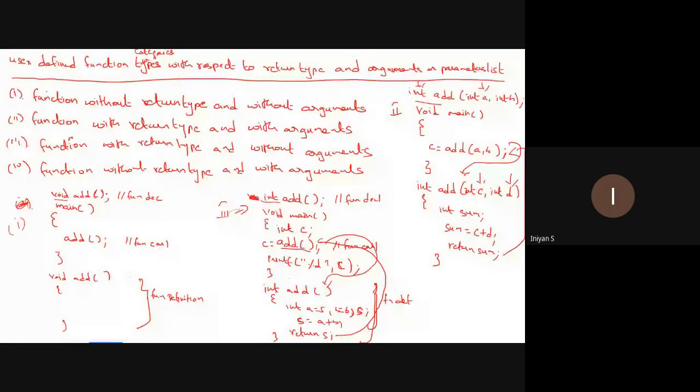Function without return type and with arguments. Okay, fourth category, function without return type, so void add with arguments, int A comma int B, semicolon. In the main function, how can I call it? Add, with parameters, A comma B. So that's it.